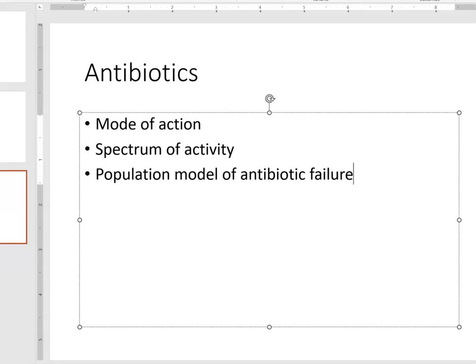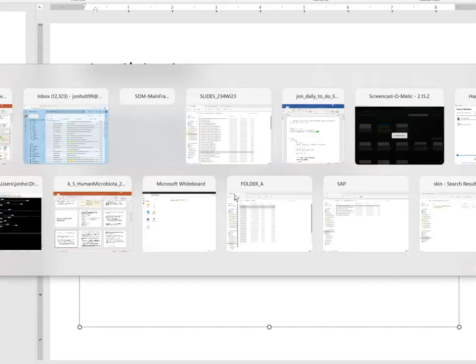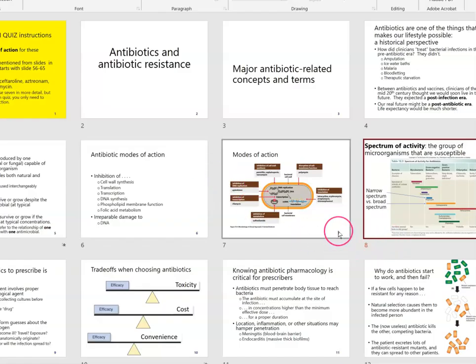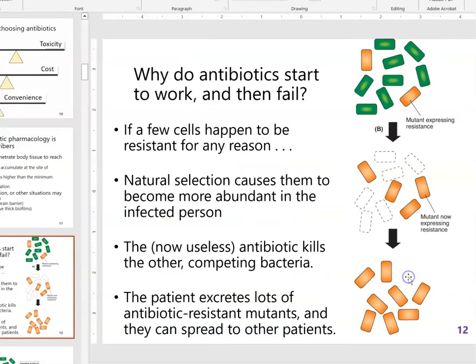This is what lets you understand why antibiotics might start working and take a patient's signs and symptoms away, and then stop working. The signs and symptoms come back and get worse despite continued use of that antibiotic. Why would that happen? Well, that's where we look at these mixed populations and what happens to them.